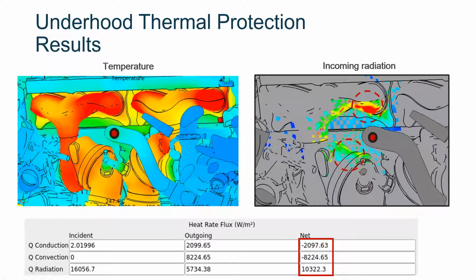So you can take that into consideration when you're designing a heat shield. And in addition, you can look at which is the most dominant heat source. So here you see that this point is mainly receiving a lot of radiation, but it's also cooled by convection, and there's a little bit of conduction to the surrounding.